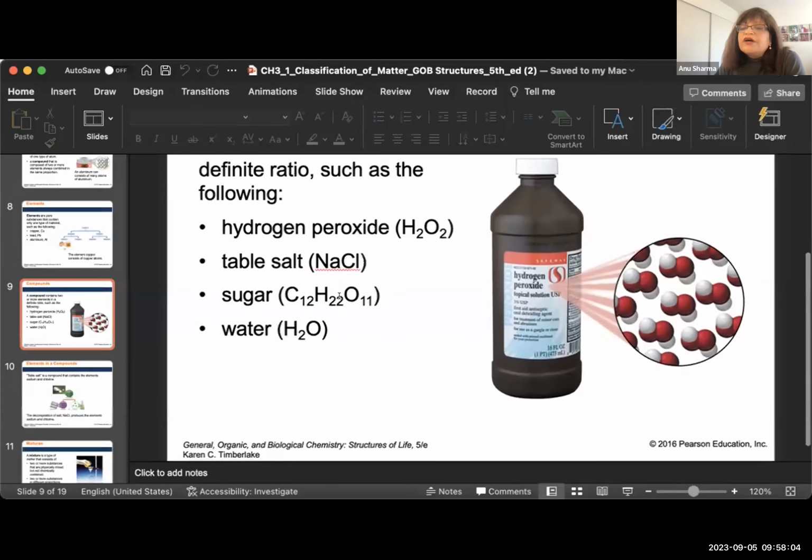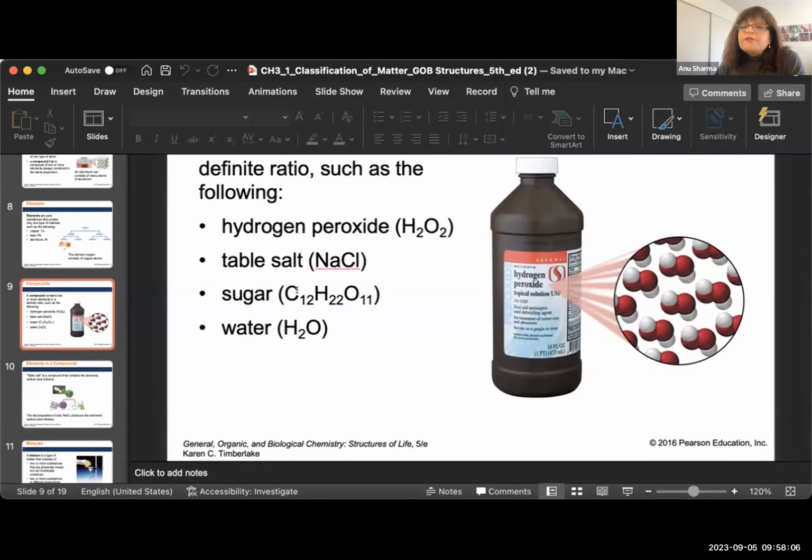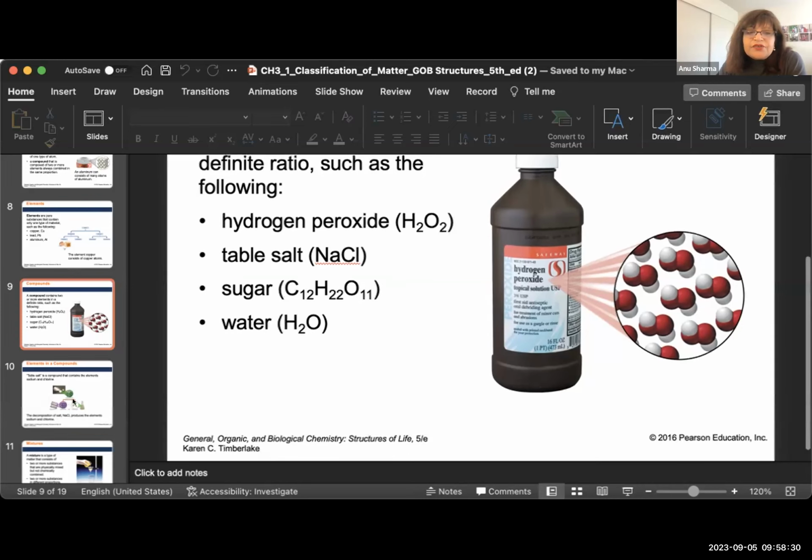Sugar is made up of carbon, hydrogen, and oxygen. Carbon is solid black charcoal. Hydrogen is a gas you cannot see. Oxygen is a gas you cannot see. But when these atoms are chemically combined, in the ratio 12:22:11, only then are they going to produce sugar. So that's the thing with all these chemical combinations producing molecules.